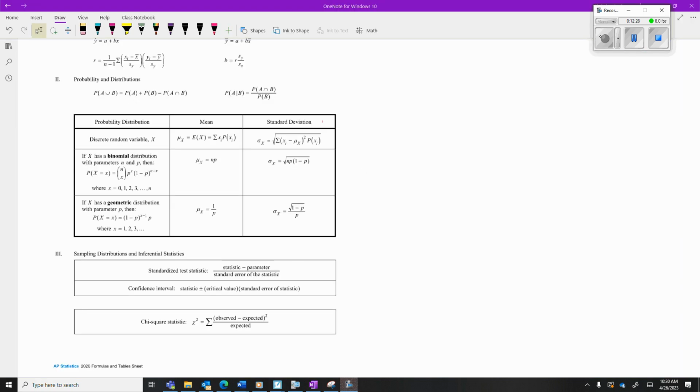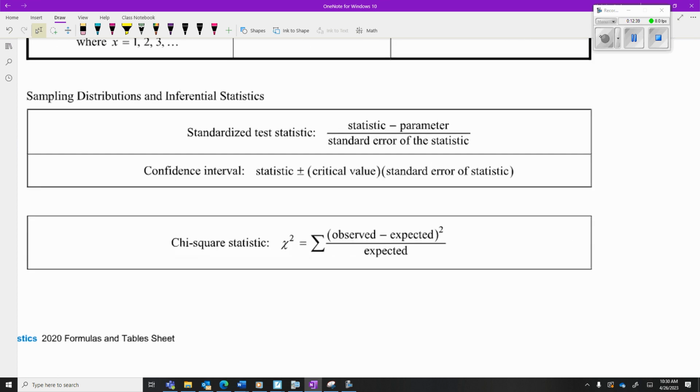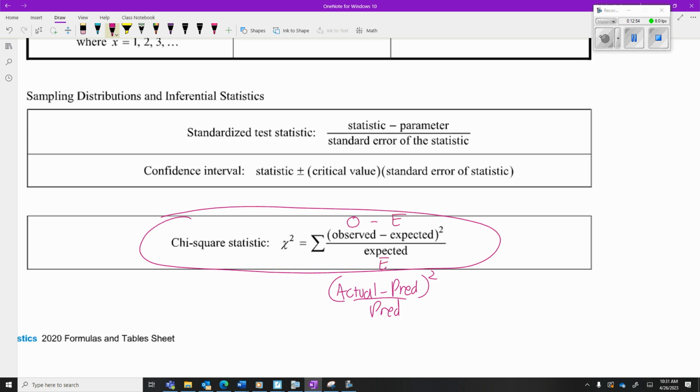Okay, so on the formula sheet, if you're looking at this symbol that says 3 inference and you go down here, you're going to see that we have underneath the confidence interval and the test statistic, here it is, chi-squared test statistic. Observed minus expected squared over expected, or actual minus predicted squared over predicted, and then you add them all up. So there you go, there you have it.